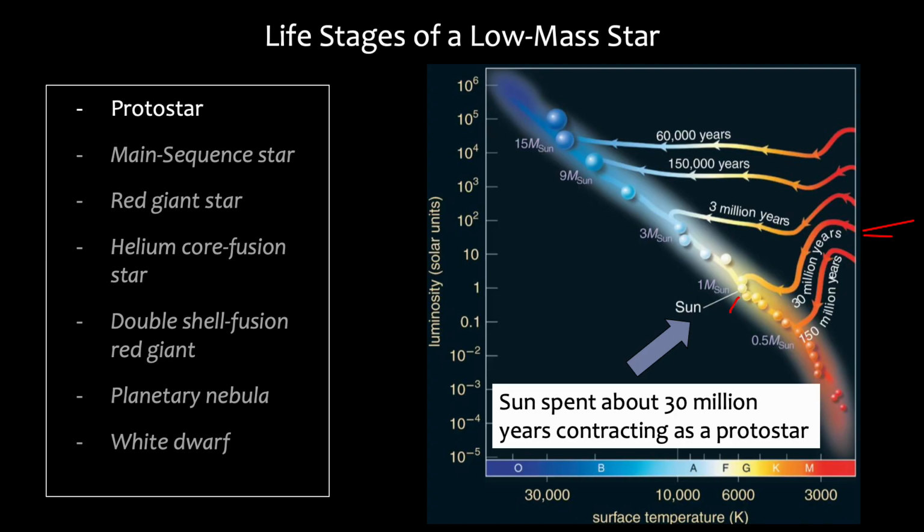And so the track moves to the left, to higher temperature, but luminosity actually drops. It drops because of the rapidly decreasing surface area of the central denser region. Again, do not forget gravity is pulling the mass together and tighter.